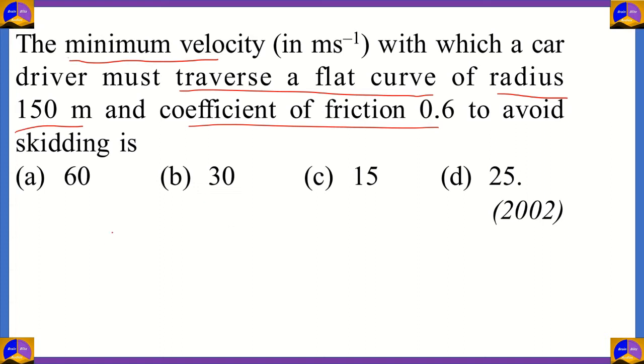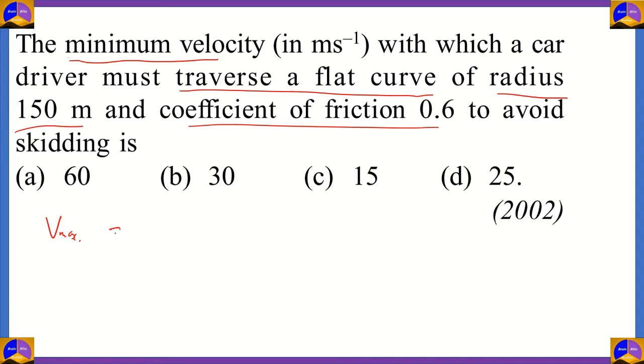So over here you have a circular curve. It's a flat curve and it does not have any tilts or banks, and it has a radius of 150 meters, and the coefficient of friction of that road is 0.6. So how do you find the Vmax along this curve?